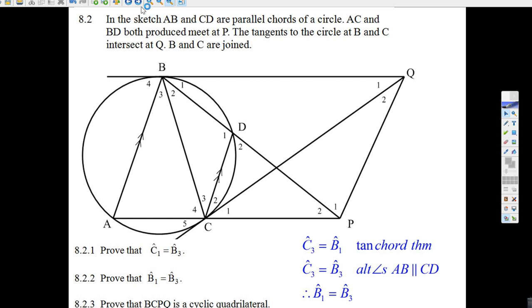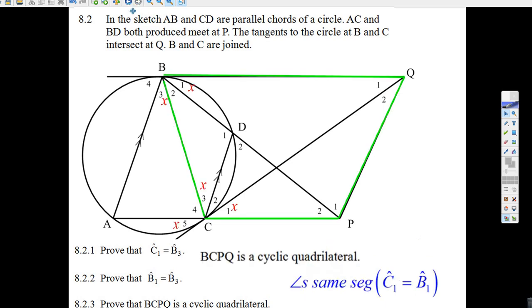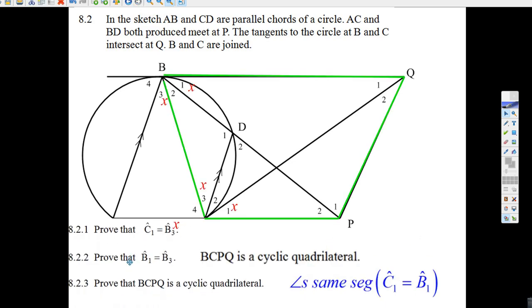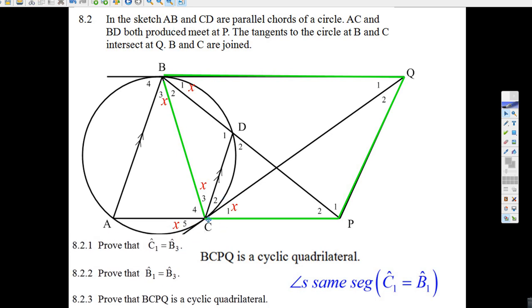Now the last question, and it's not too hard, is prove that BCPQ, see how it makes a quadrilateral? Prove that that quadrilateral must be a cyclic quadrilateral. That means you could put a circle through all 4 points.